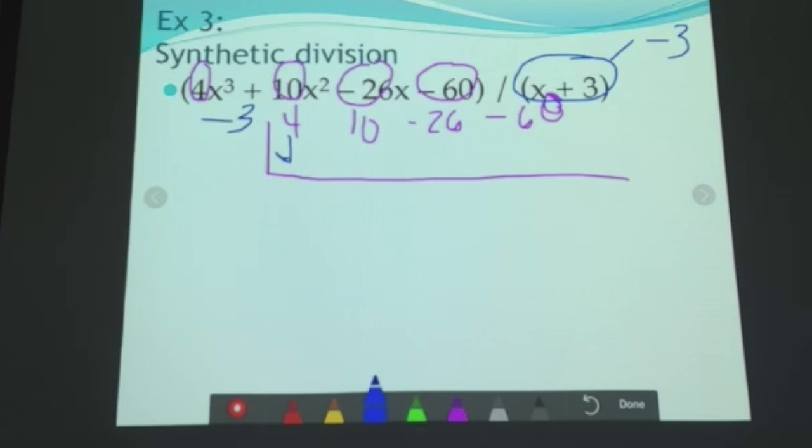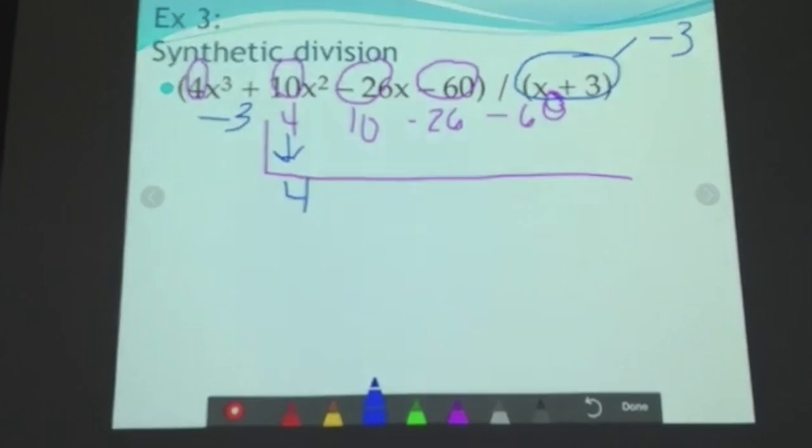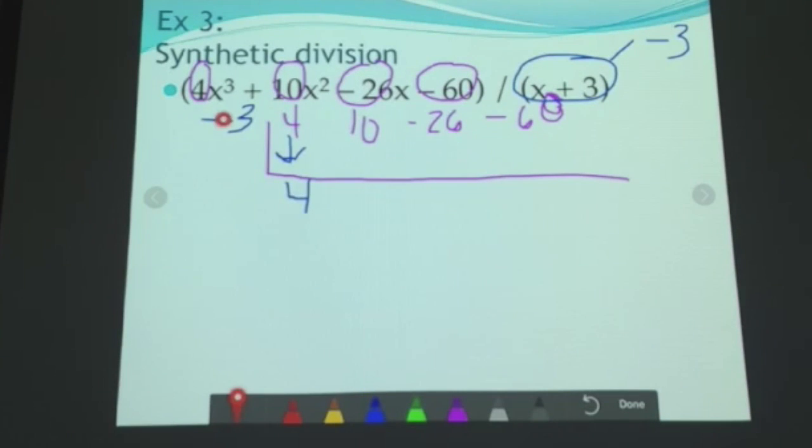The 4 drops straight down. Now we say negative 3 times 4, and we put our answer right in that empty space. So negative 3 times 4, put our answer right here. So that would be negative 12. Add straight down. So 10 minus 12 would be negative 2. Now we're going to multiply again.